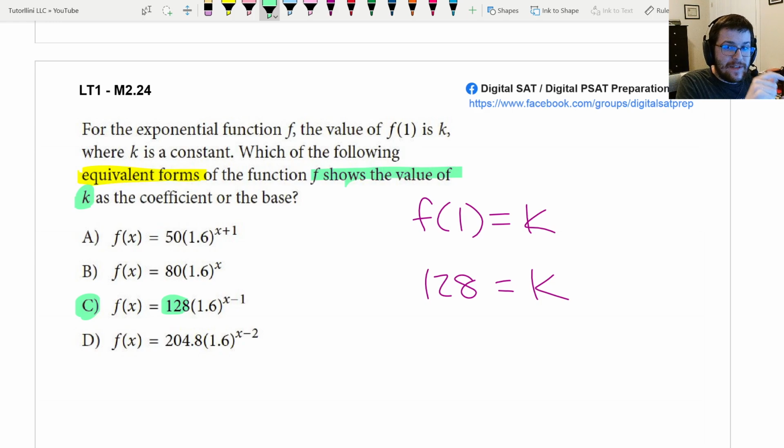All it's asking you is to find that value, which normally isn't a lot of work, as you just saw, right? We just typed it in the calculator, figured out what that number is, and then see which one has that number literally on display in the equation. That's it. They like asking these a lot recently.